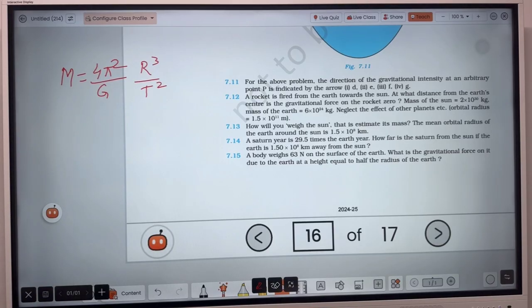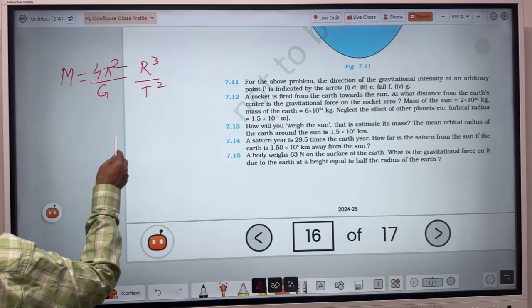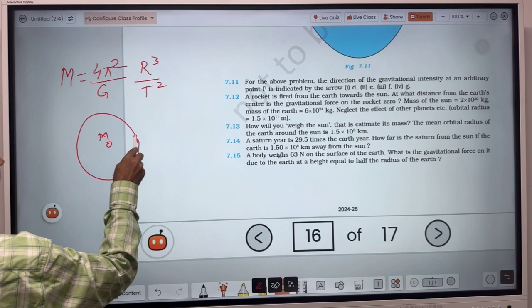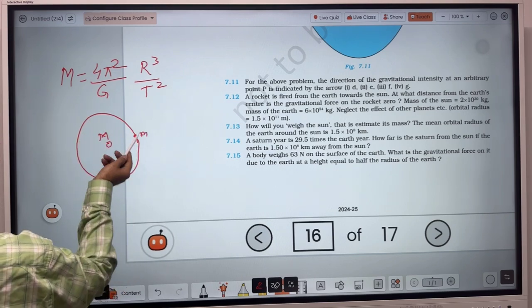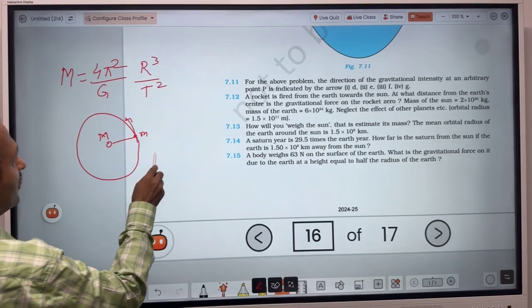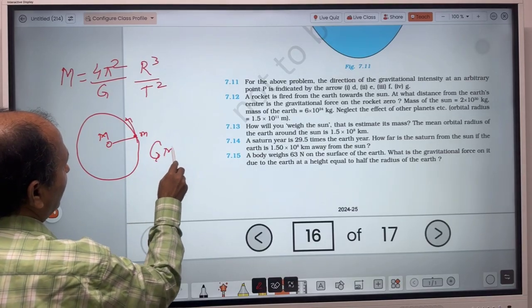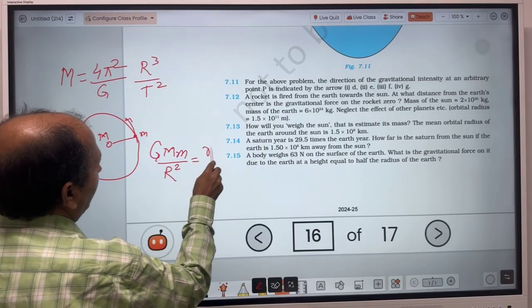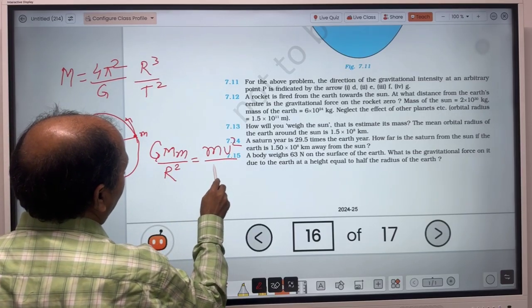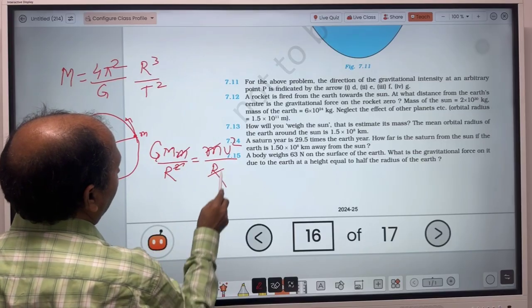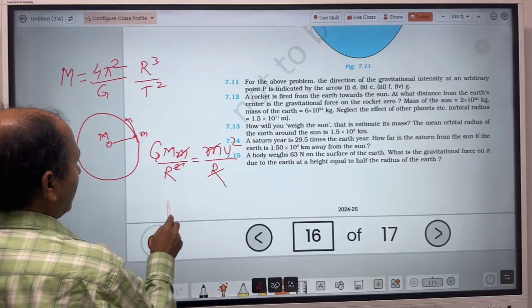If you wish, I can tell you once again that it is derived from the concept that this is mass M, this is small m, so there is centripetal force in this direction, it is moving in this direction with velocity v. So you can say G times Mm divided by R square is equal to mv square divided by R. One R will cancel out, one m will cancel out, and v equal to 2 pi R by T.